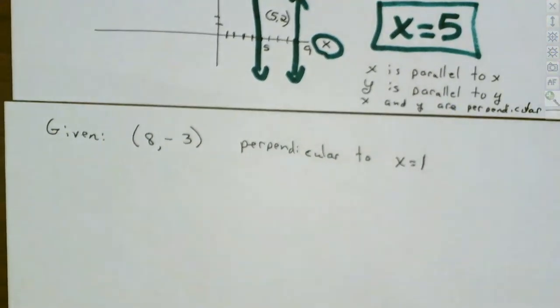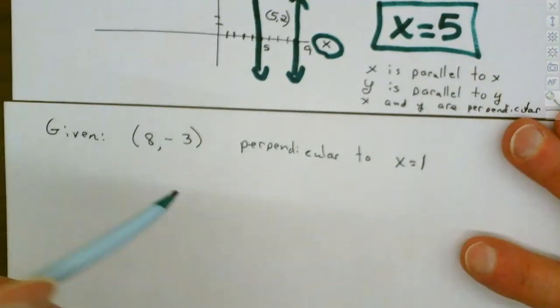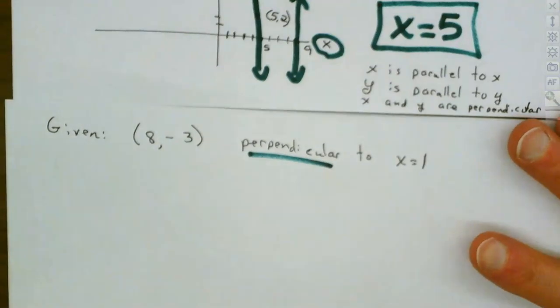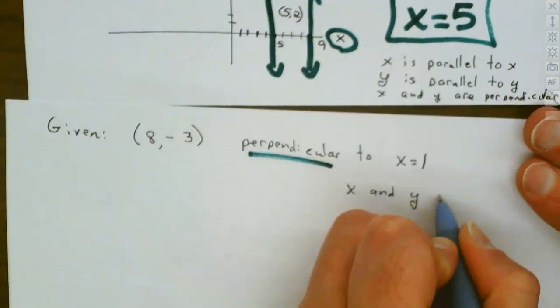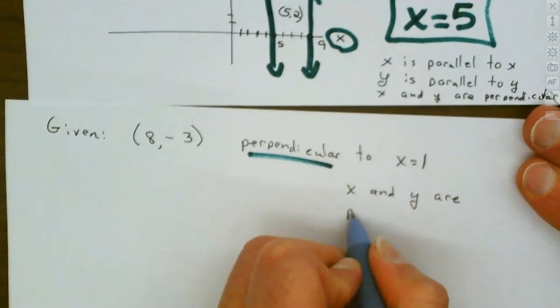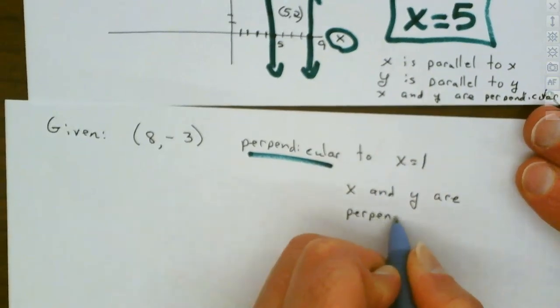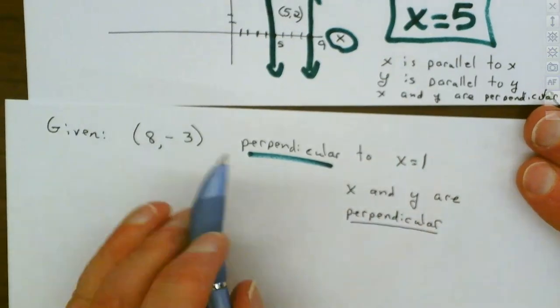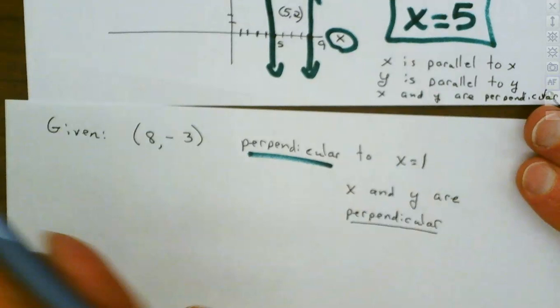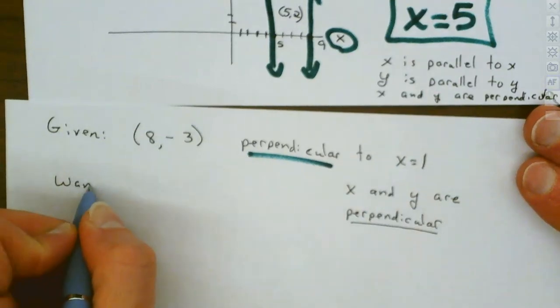X and y are perpendicular to each other. So they form an x like this. They cross. So we could work this one out, but let's think about what it means when they're perpendicular. So that means this one is an x line, so we want then a y line.